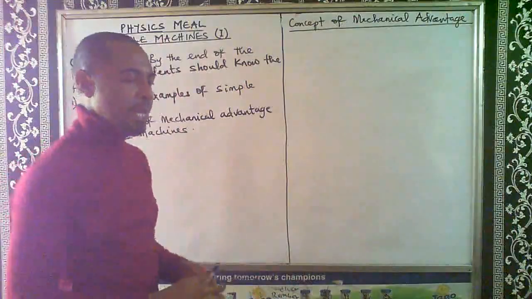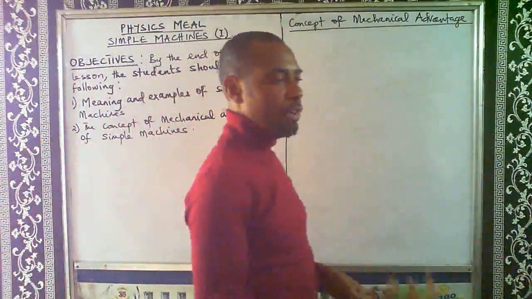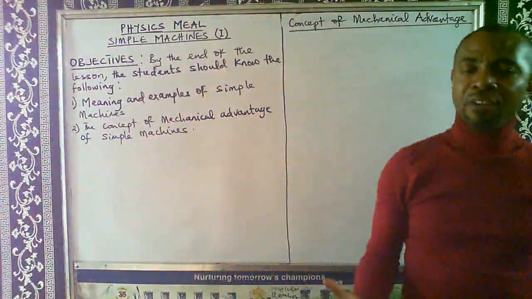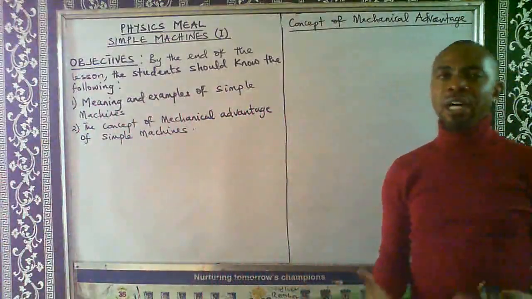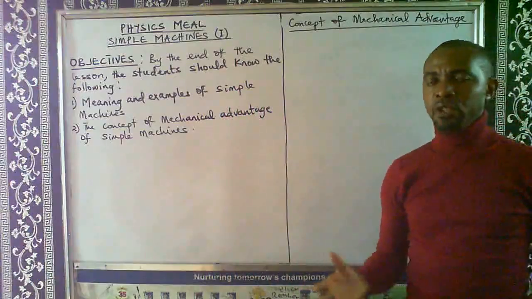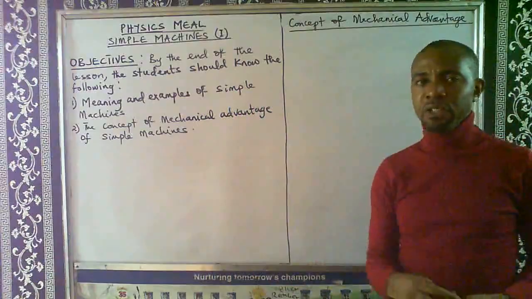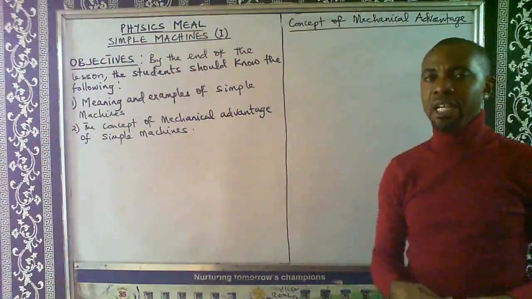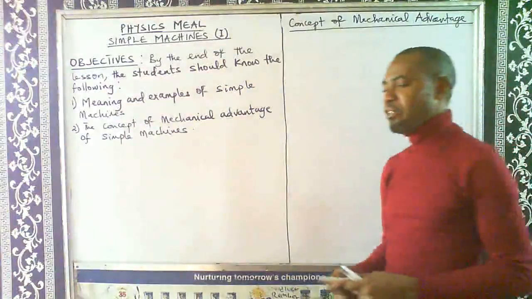What do we mean by mechanical advantage of a machine? You know, advantage, you know what advantage is all about. Benefit. So a measure of the benefit of a machine is the advantage, the mechanical advantage.